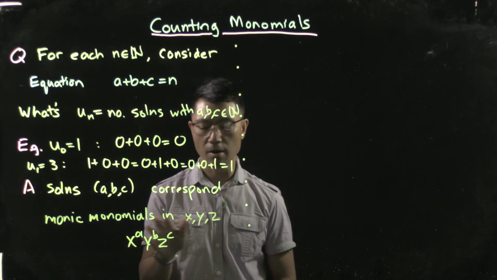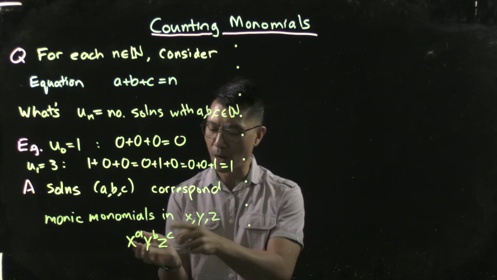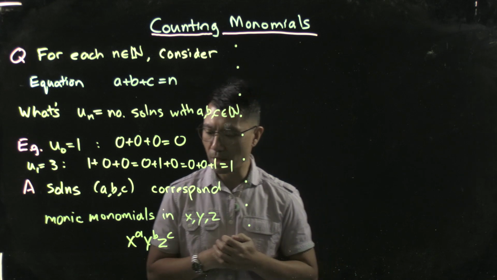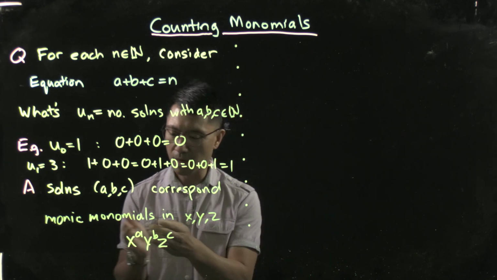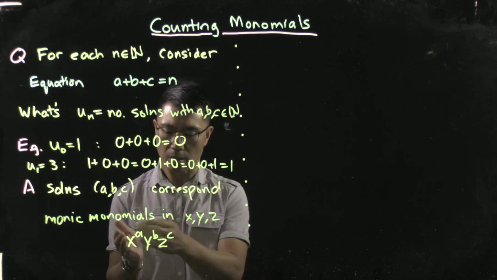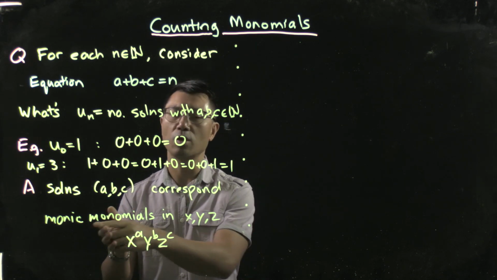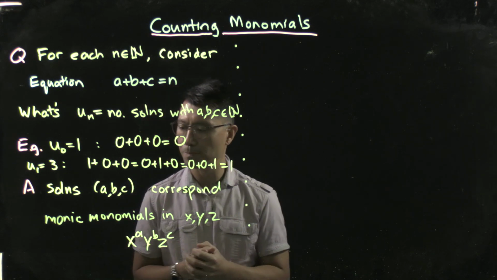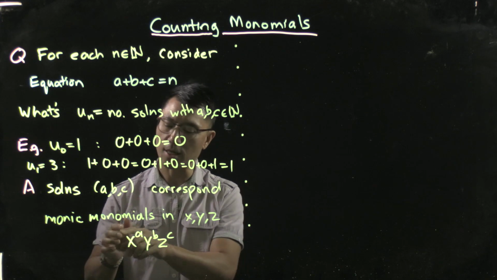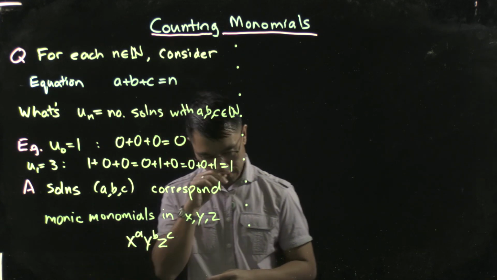This expression is like a polynomial. You're looking at powers of variables, in this case x, y, and z, and you can multiply them together. If you just multiply powers of x, y, and z together and get a single term, without taking sums, you get what's called a monomial. If you take sums of these, you get a polynomial, and in that case you can allow coefficients. Monic means that the coefficient is equal to 1.